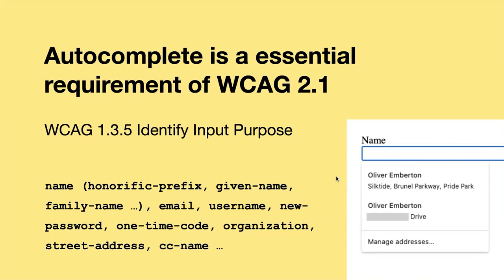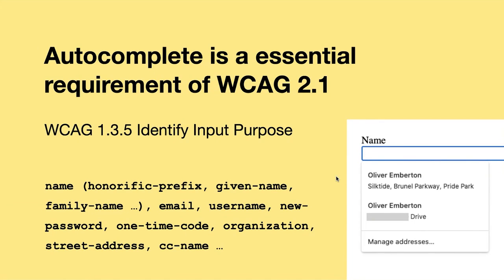And there's a ton of options available now to autocomplete, like literally pages and pages of them. And essentially, autocomplete allows you to say what a field is supposed to contain in a standard way. So if possible, the browser will fill that information in for the user automatically.